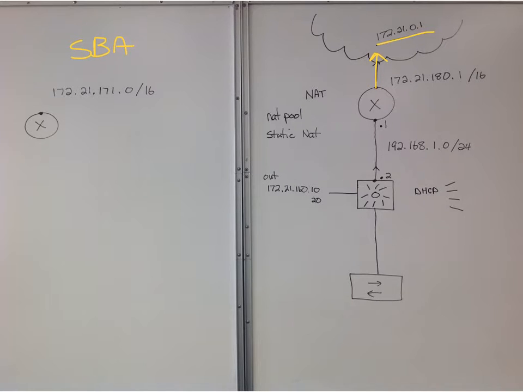And that network is 172.21.0.0/16. So I manage that network. So I did an example where I'm connected to that network. So this is the address I used, that .1 right here.